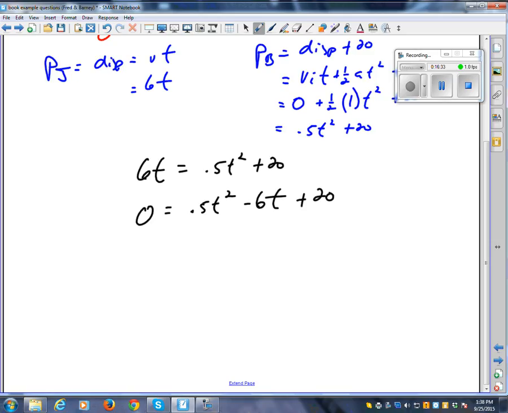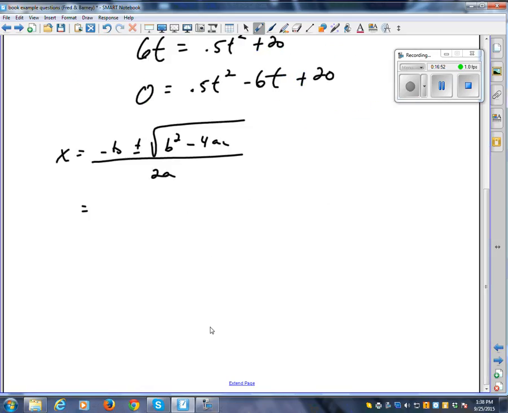Probably not. x equals minus b plus or minus the square root of b squared minus 4ac, all over 2a. Careful here. The b is minus already, so it's minus b, minus minus 6, or 6 plus or minus the square root.